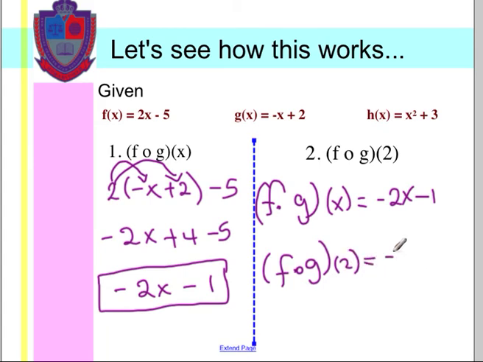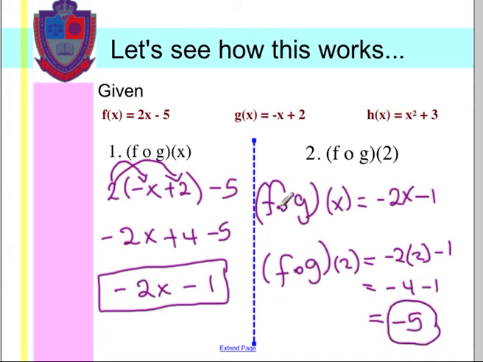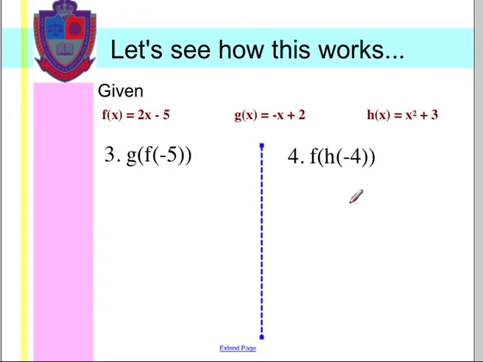All that means is wherever I see x, I'm going to put 2. If I work this out, negative 5. And that's the value. Okay? So f of g of x means I'm taking g, and wherever I see that x, I am replacing it. Okay? Let's try some more.